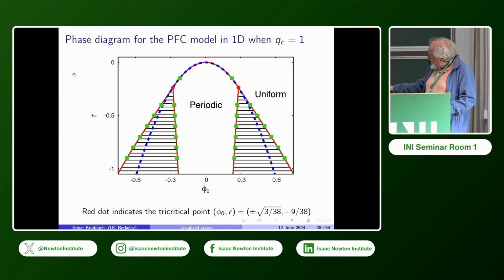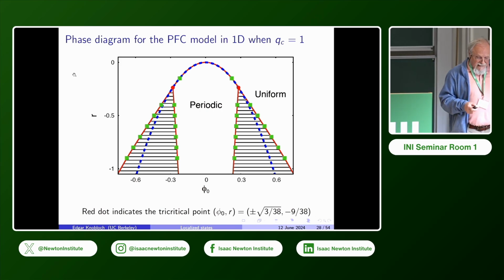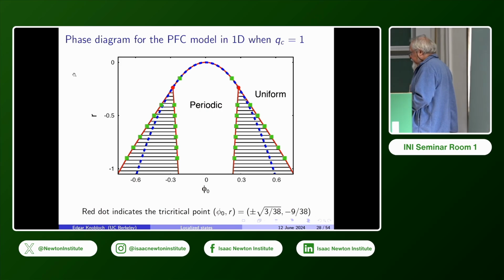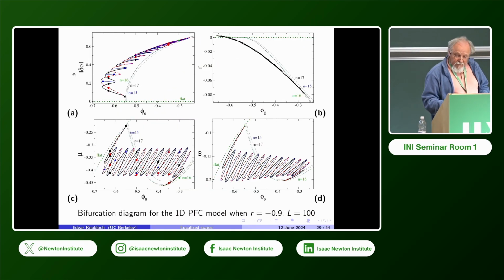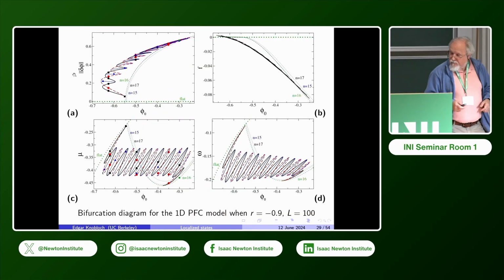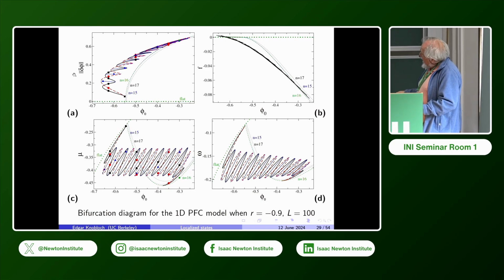In between these two curves, which are the coexistence curves between the liquid phase and the crystalline phase, these tie lines represent solutions which are in thermodynamic equilibrium with the same chemical potential and the same pressure. So that's the usual picture that you get. If you look at the solutions, then here is the analog of the bifurcation diagram that I've been talking about.